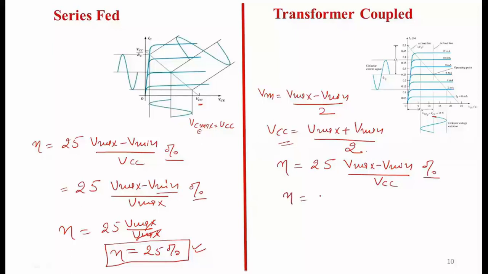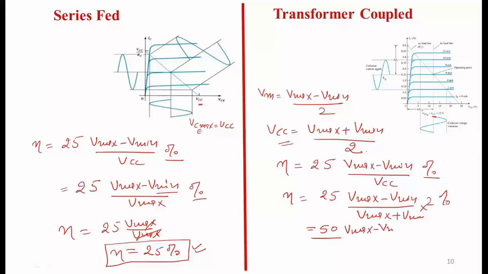So eta is equal to 25 (Vmax minus V minimum) divided by (Vmax plus V minimum) multiplied by 2 percentage, equal to 50 into (Vmax minus V minimum) divided by (Vmax plus V minimum).